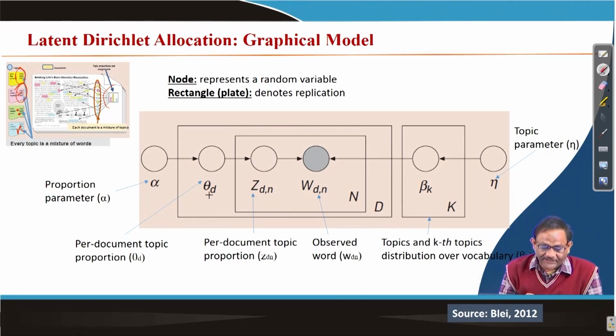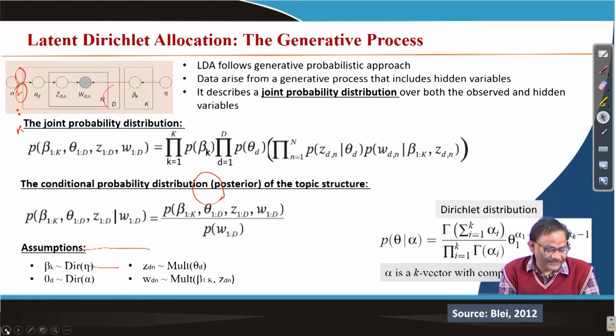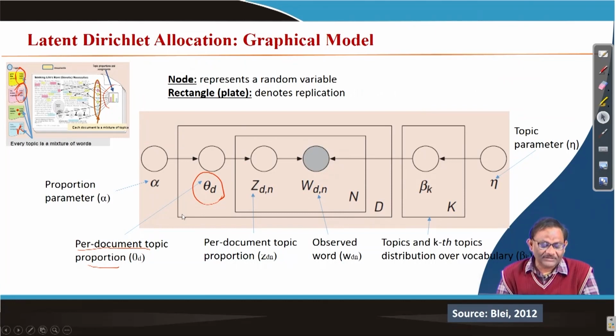For example, theta d, per document topic proportion, we have discussed earlier. If you go back, you can find that theta d is a vector of theta dk, where theta dk is the proportion of topic k in document D. So we are talking about per document topic proportion.